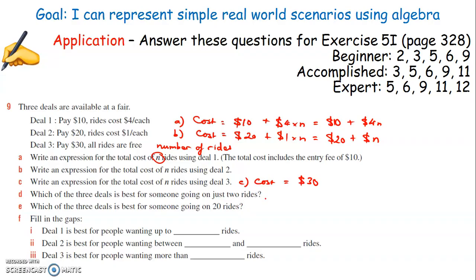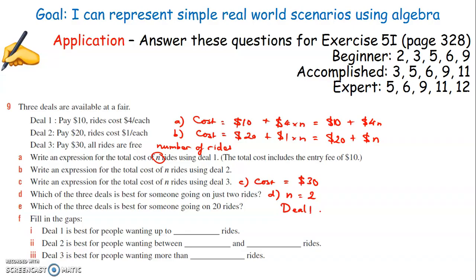For D, which of the 3 deals is best for someone going on just 2 rides? Okay. So what it's saying is that, let's say n, because they're going on 2 rides, n is equal to 2. And we're going to substitute this into each of the equations.